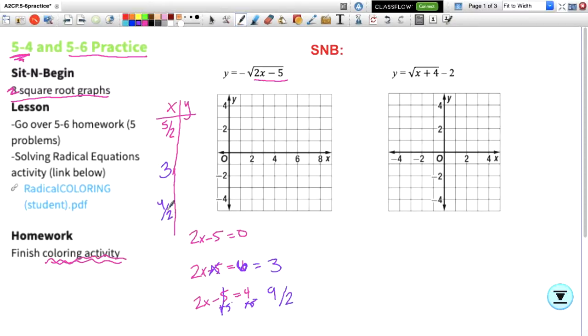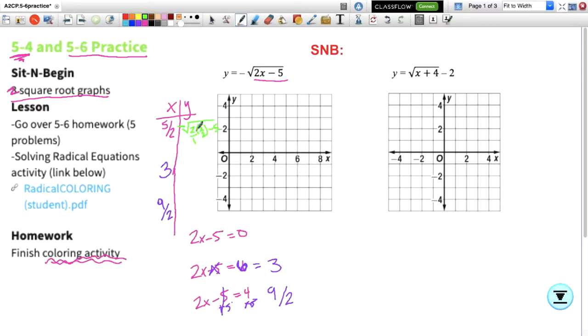So this one's not super fun because I am going to be plugging in some fractions, but when I do that, because I'm timesing by 2 here, things are going to work out really, really nicely. Okay? So let's do that now. We're going to take this 5 halves and we're going to plug it in right here. So we have the negative square root of 2 times 5 over 2 minus 5.